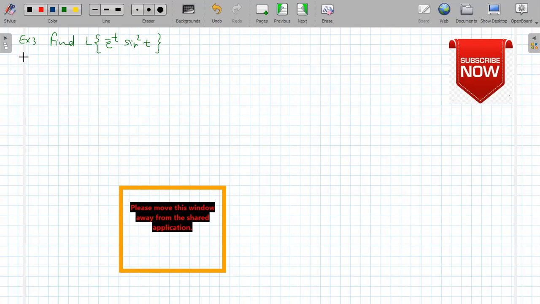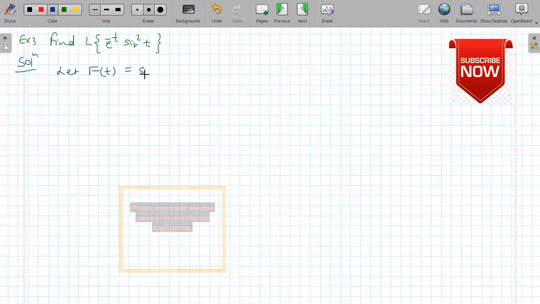The solution is, first of all, we extract f(t) from this expression. So f(t) will be sine square t.